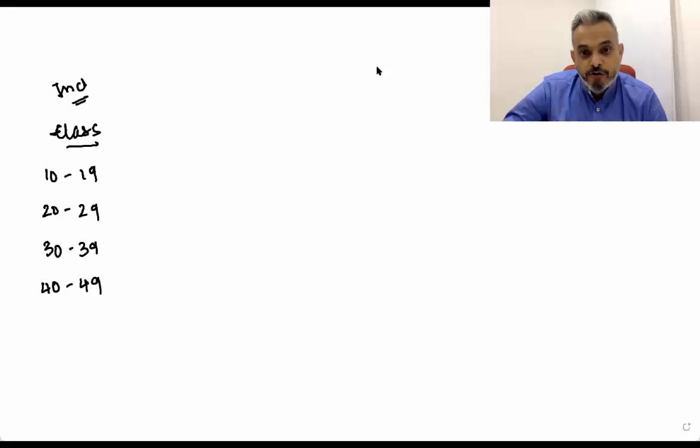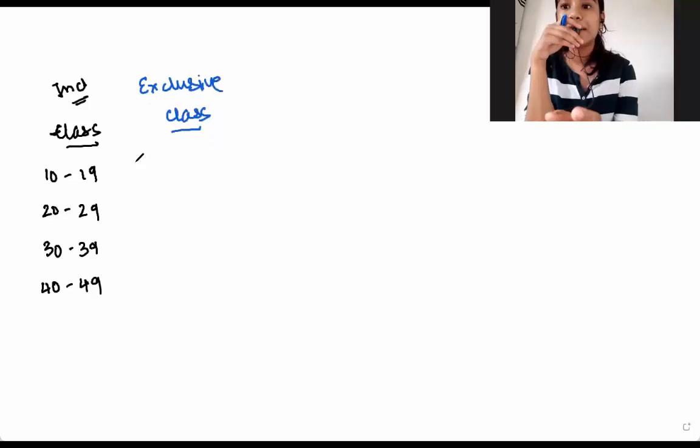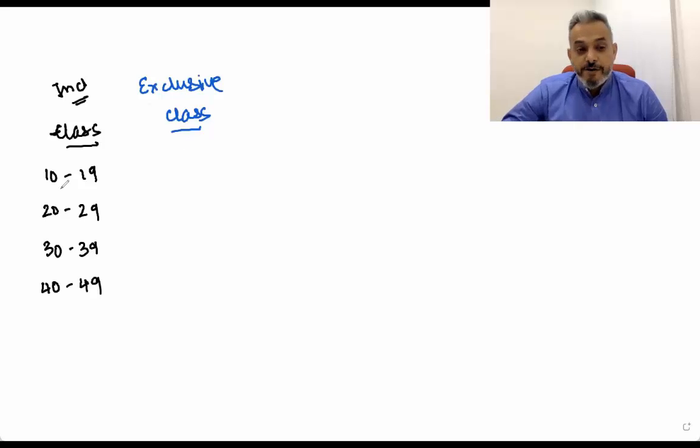Now if we want to convert it to exclusive, then what do we have to do? We have to subtract 0.5 on both sides.